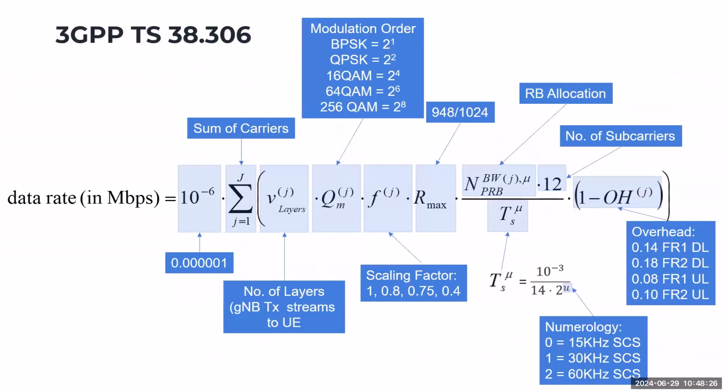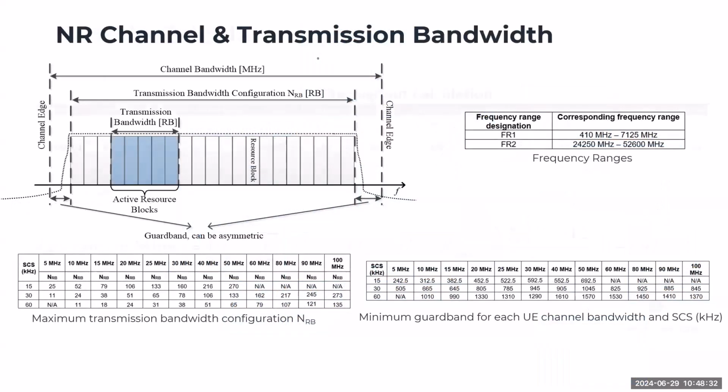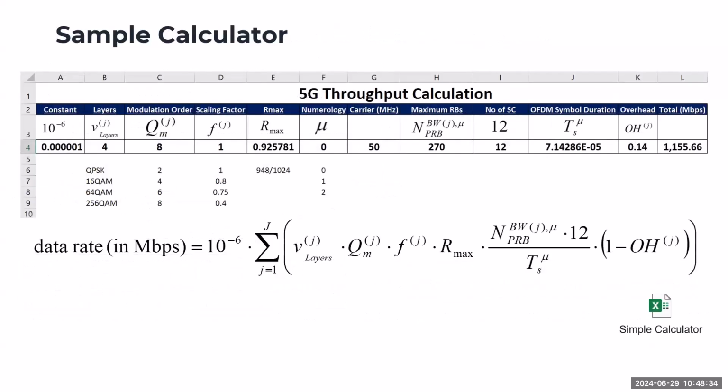Now, going back to the formula. So this is our formula. Okay, so this channel transmission, and this is a sample calculator that I created. In this calculation, I just used, for example, 4x4 MIMO, and then I used 256 QAM, which is this one, 2 raised to 8.